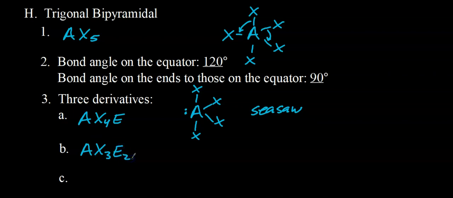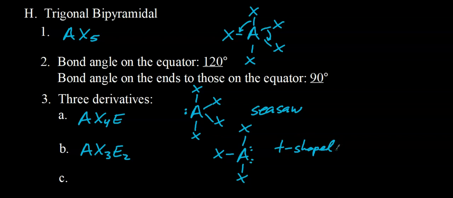Another derivative, AX3E2, looks like this. This time the lone pairs of electrons occupy two of the equatorial positions. So I'm going to put those there. AX3E2, this is called T-shaped, and you can see why it is called T-shaped.